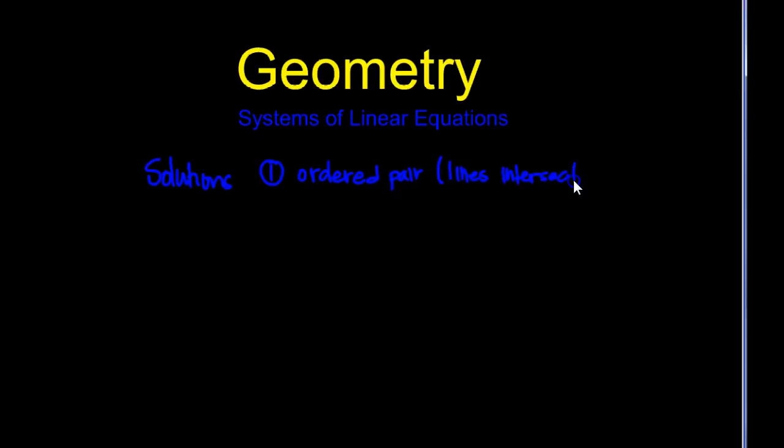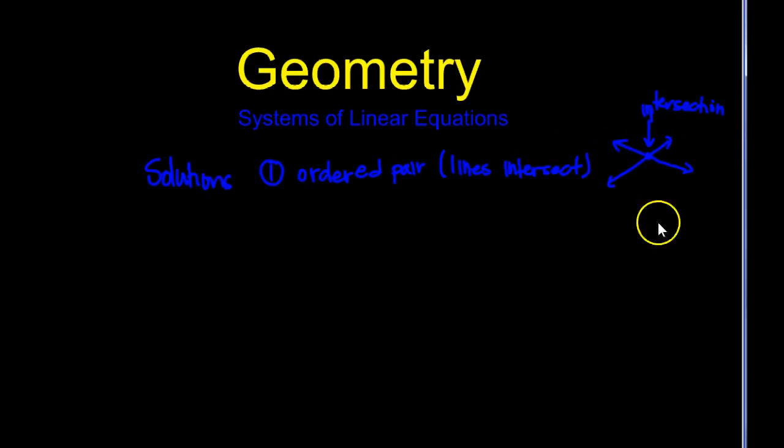Then let's draw a little picture so we'll remember what that looks like. Just sketch a couple of lines crossing. They don't have to be perpendicular. They just need a point where they cross, and that's the point of intersection. They intersect at one spot, they have that point in common, so ordered pair is my solution.